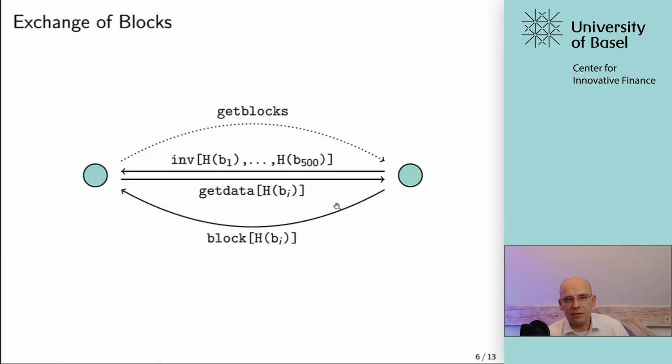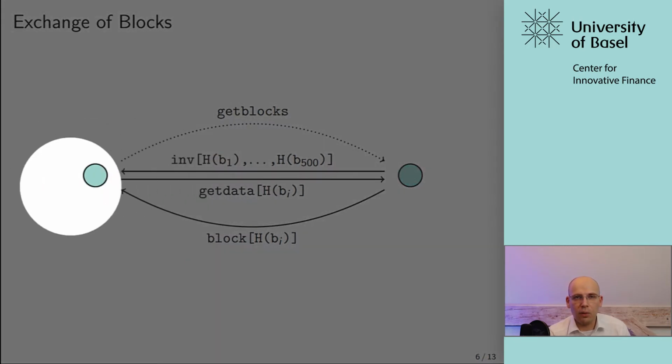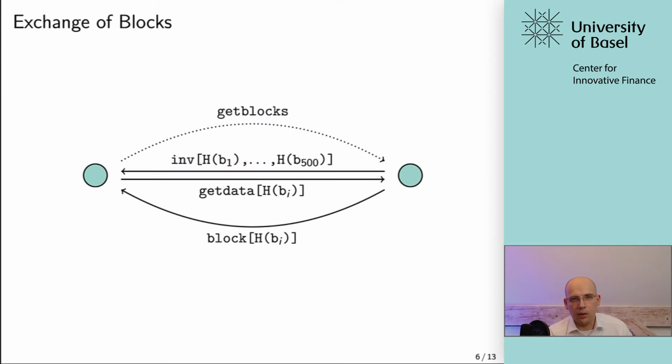And once they have received it, they can compare it to their most recent block. So you send the identifier of your most recent block, so the last block in your blockchain, the most current block in your blockchain. You take the identifier of that, send it with the get blocks message to someone else, and the other person compares it to their most recent.